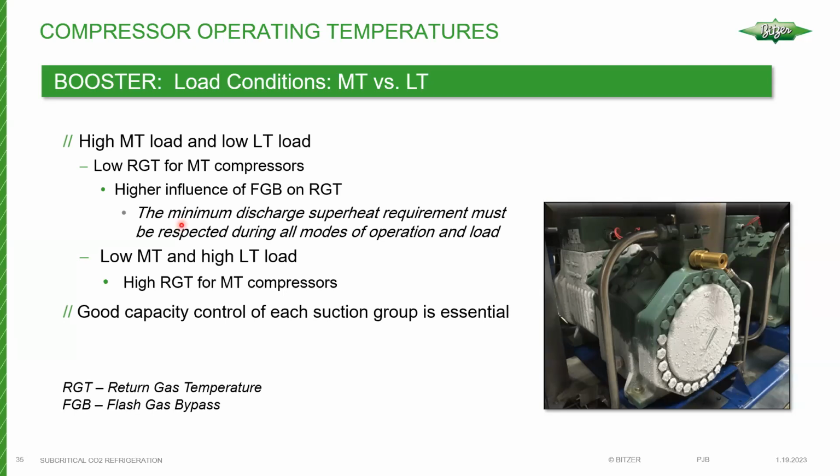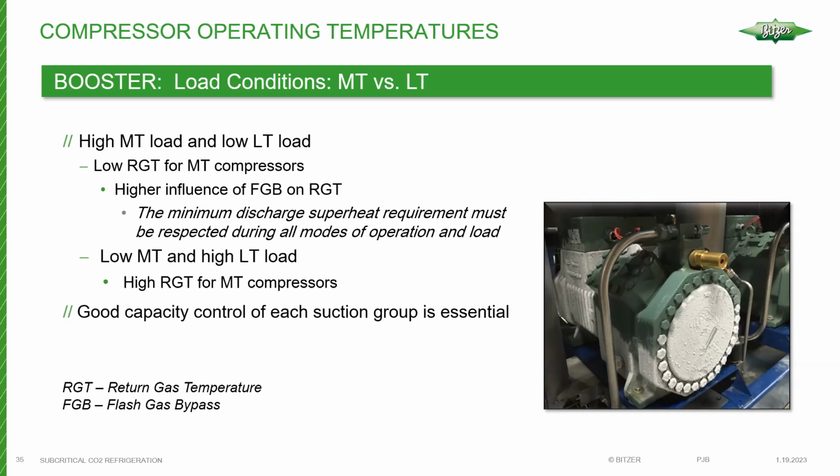And in this case, we can experience very low discharge superheats and problems with our medium temperature circuit. And this is actually a fairly common failure mode with compressors. Oftentimes it'll be a medium temperature compressor and the superheat's running too low. A lot of times this will happen during the system startup where the compressor is compromised right from the start.